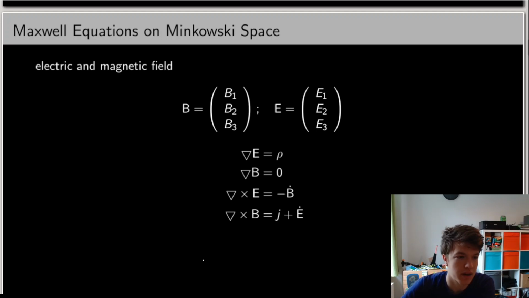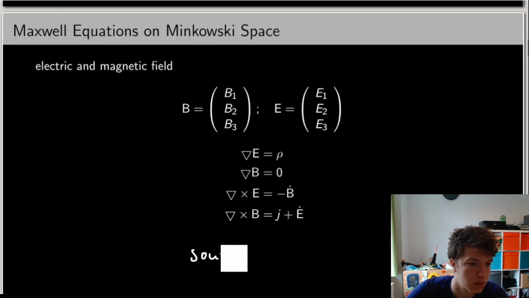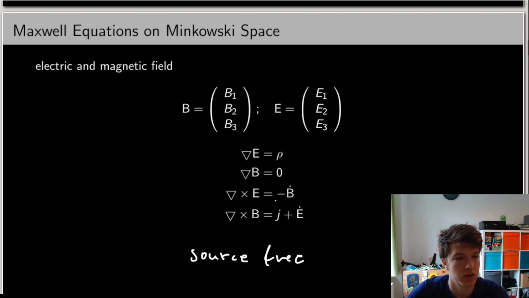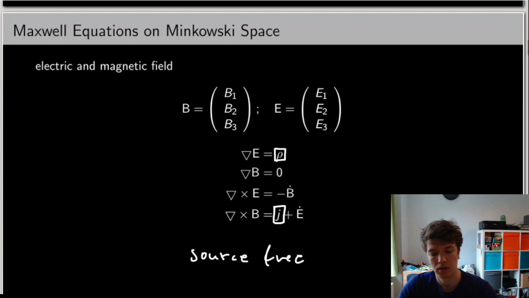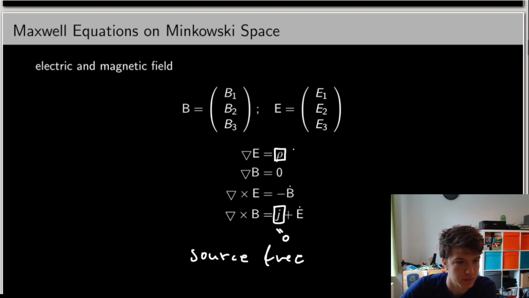But in this case we're considering the source free Maxwell equations, which means that rho, the charge density, and J, the current density, is 0 in this case. Just to simplify things and to be able to calculate things analytically.